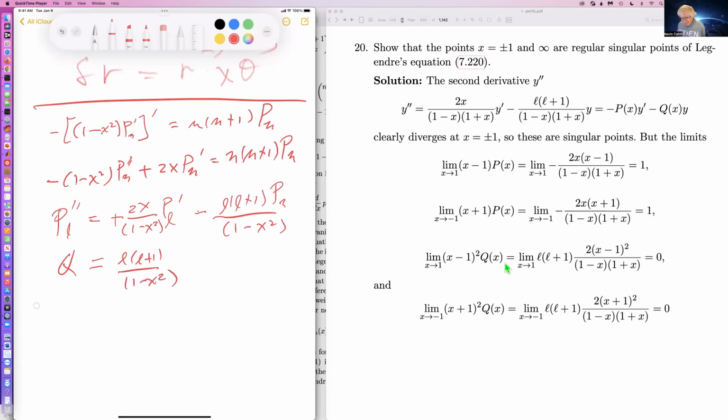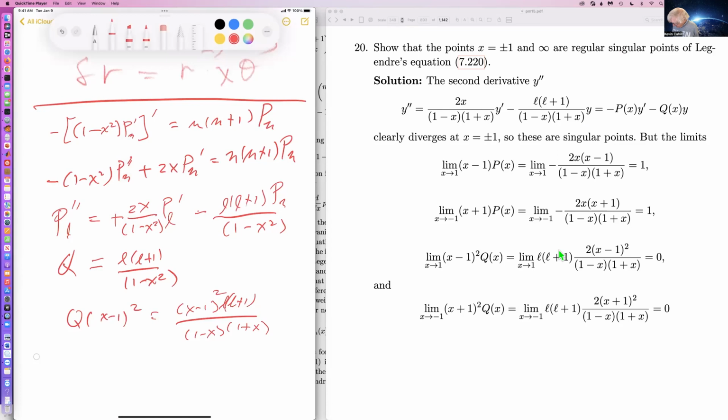And what you do is you multiply that by the thing that makes it finite. So then as you go to 1 or minus 1, you take the limit of Q times (x minus 1) squared, and that is then (x minus 1) L(L plus 1) over (1 minus x)(1 plus x).